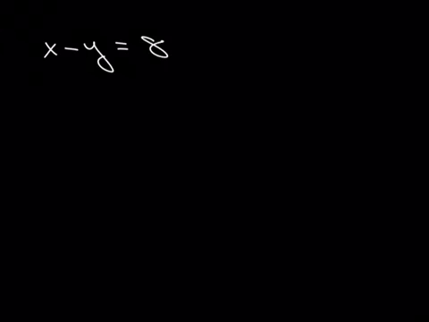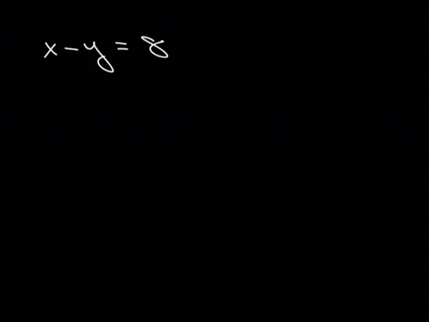The first 8 are number problems. Let's look at number 8 real quick. The difference of 2 positive numbers is 8. So if I take 2 numbers and subtract them, I get 8: x minus y is 8.